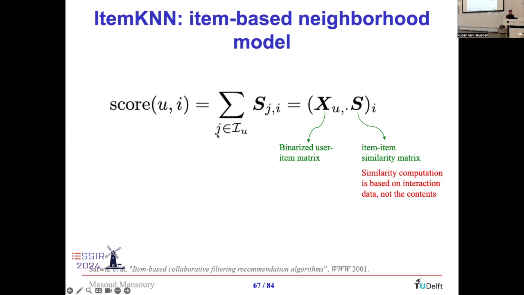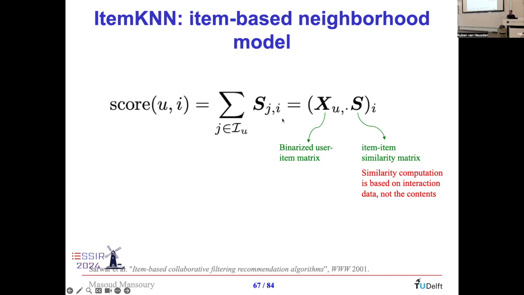Given all the interacted items in the user profile, we just compute the sum of the similarity between the target item and all the interacted items in the user profile, and this would result in the relevance score.